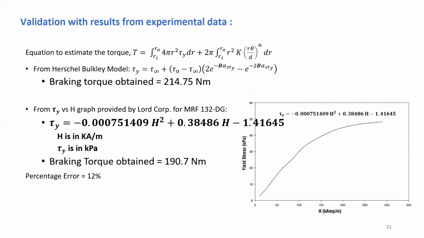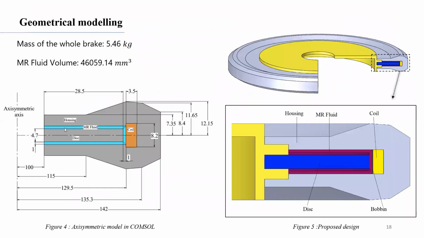For example, here the coil is there, and the flux should come here and go all the way till here, and only then is this whole disc prevented from stopping. Otherwise, if the flux density is only here, then at this place the brake is not applied. So the permeability of the disc must be good.